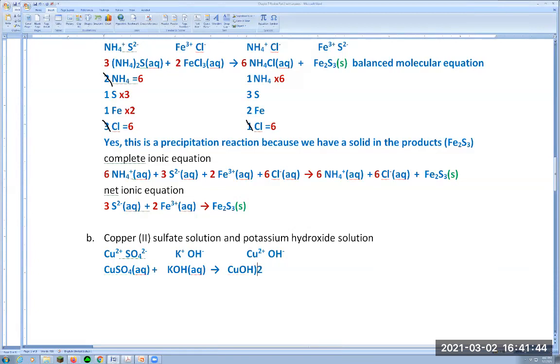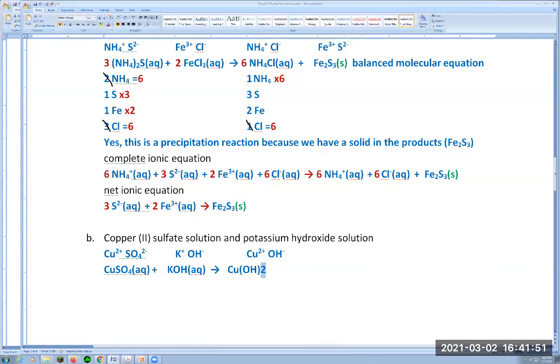But be very careful, it's 2 for the whole hydroxide, not just H. So you need parentheses around the OH to show that it's 2 of the hydroxide ion. And then again, the phase is aqueous. Well, no. Why do I say that? It's not true. We need to find out what is the physical state of this.